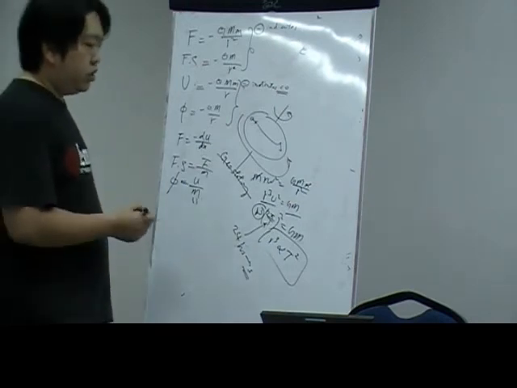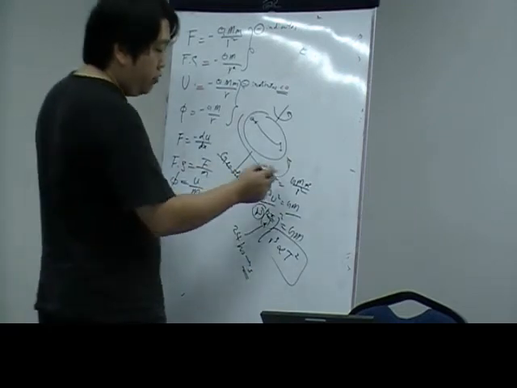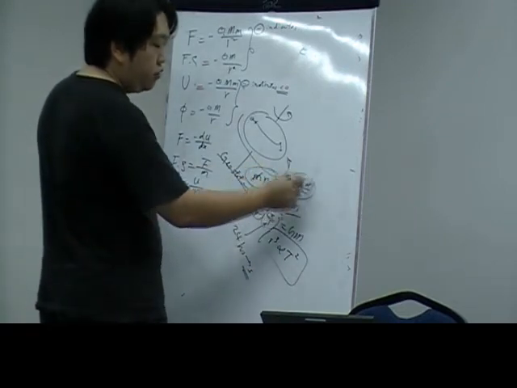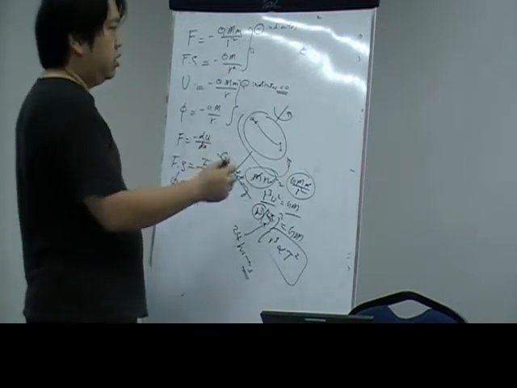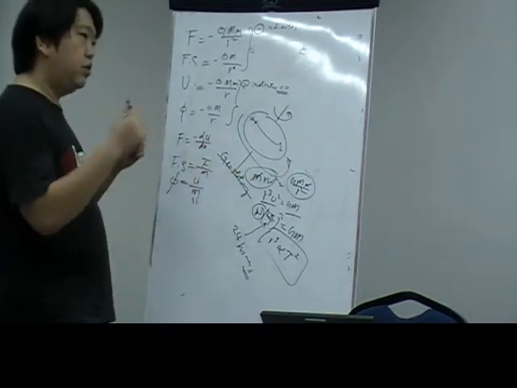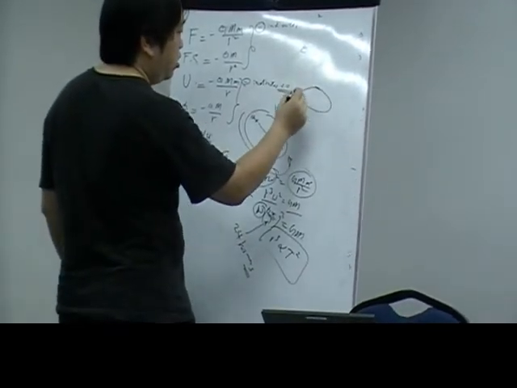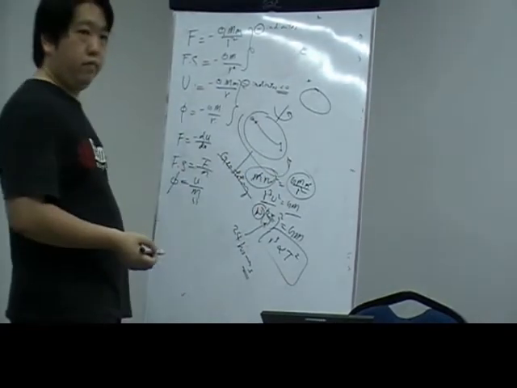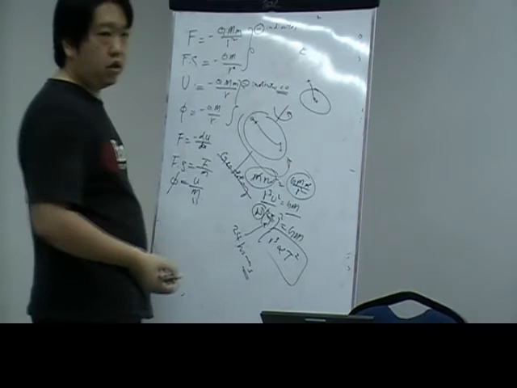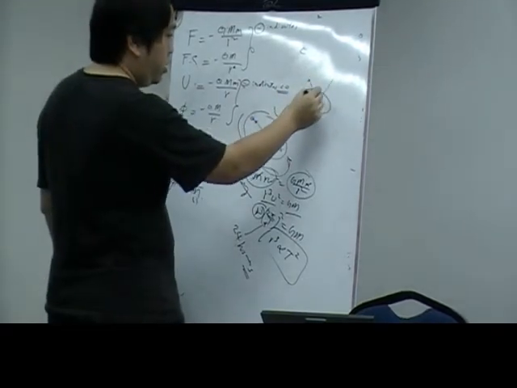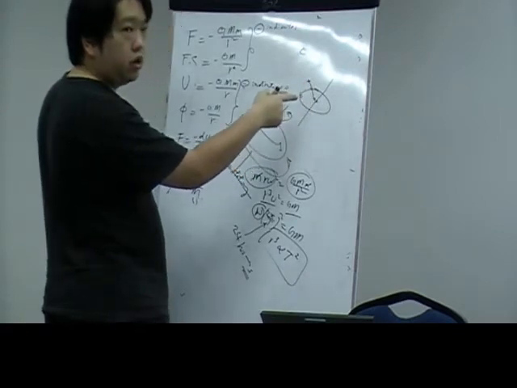But anyway, for this object, if you want it to be geostationary, you need the centripetal force to be equal to the gravitational force. The problem is that the centripetal force points towards the center of the rotation. If your object is not on the equator, the force points this way, towards the Earth's center. But the Earth is rotating about its axis, and the spot is not at the equator.